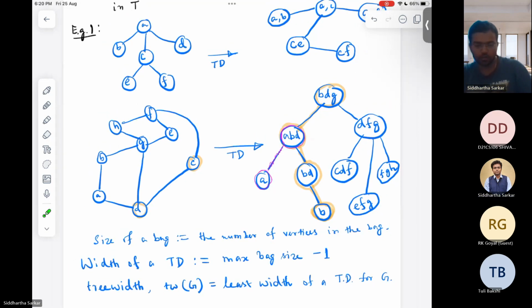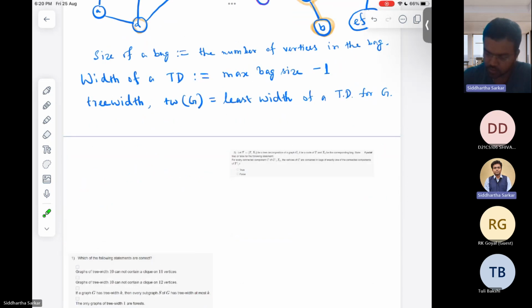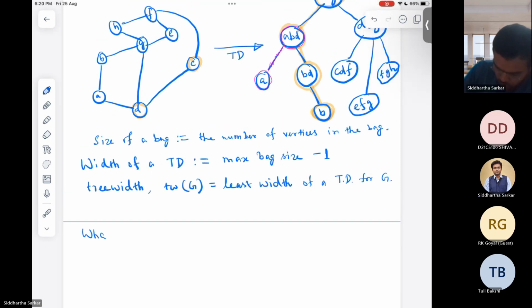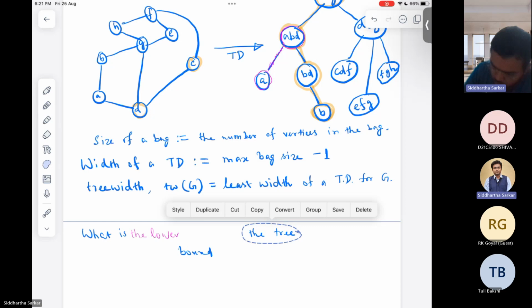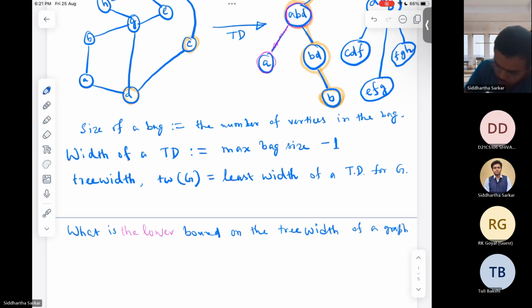Let me ask a question: what is the minimum tree width, or what is the lower bound on the tree width of a graph that contains at least one edge? It's non-empty.